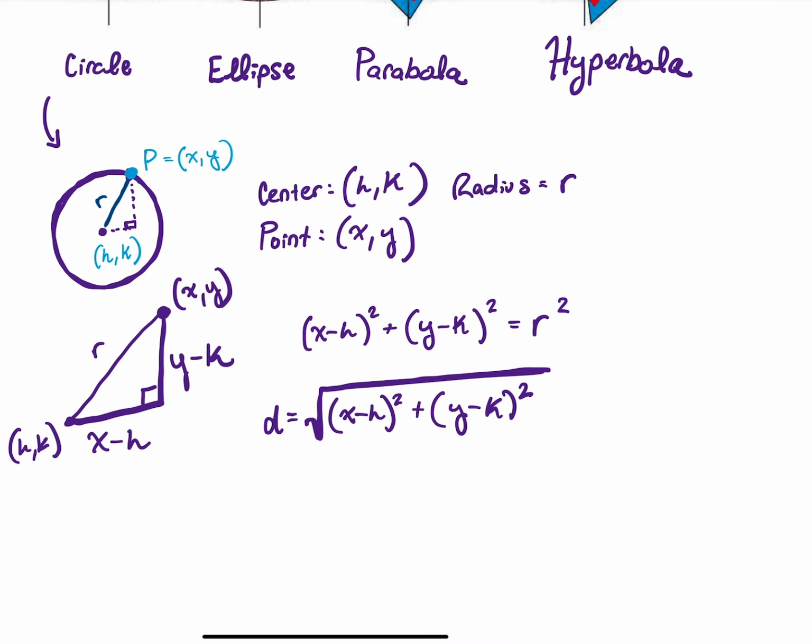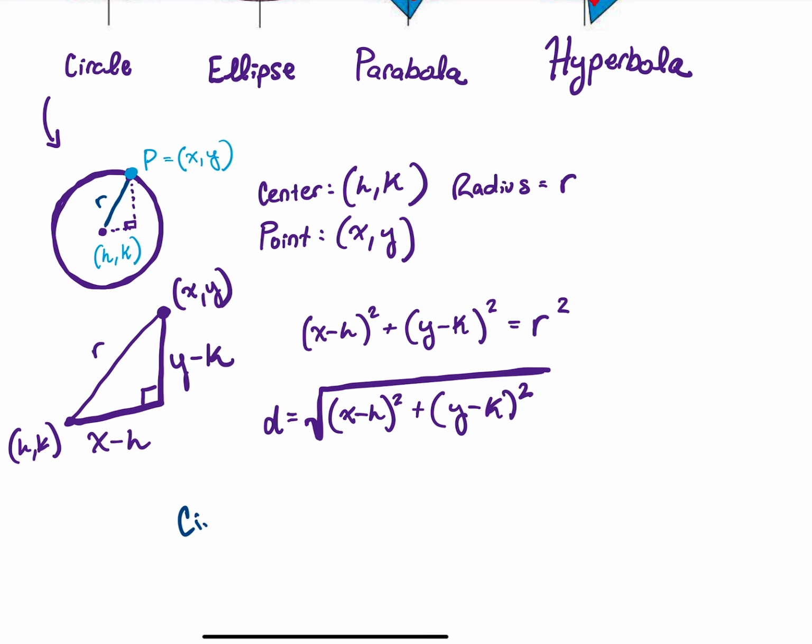Any point, we're really just working with the distance formula. Any point is a set constant distance. In this case, r would be fixed at some value. So any point on the circle is some known constant distance away from the center point, or the set of all points that have that same distance away from the center. So why don't I describe it in that way?